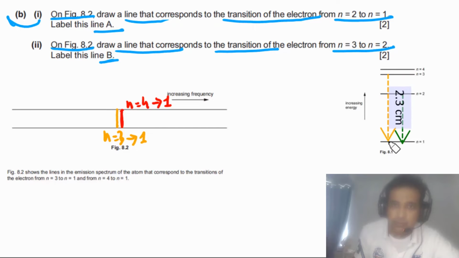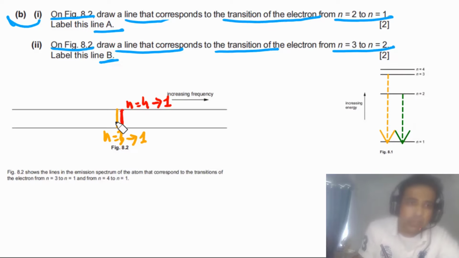So this is N3 to N1, which is 2.4. So we have 1.7, we have 2.4. So it means 0.7. So we can draw a line from here, 0.7. So we can make it a bit smaller. So this is 0.8, so this is 0.7.